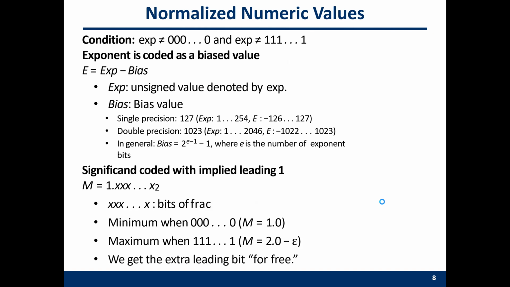The function of subtracting a bias is to move the 0 to the middle of this range. This is how the encoding for the EXP happens.